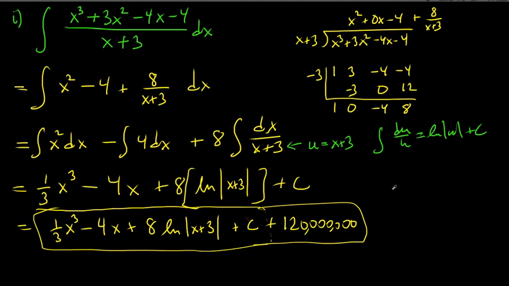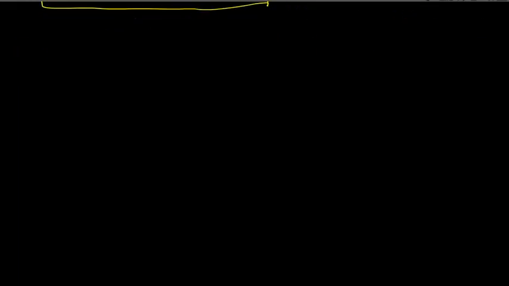But it doesn't matter, right? So adding the 120 million doesn't do anything because it's just a constant. All right, I'm going to do maybe one more. I really want to move on to some of the trickier problems as well.